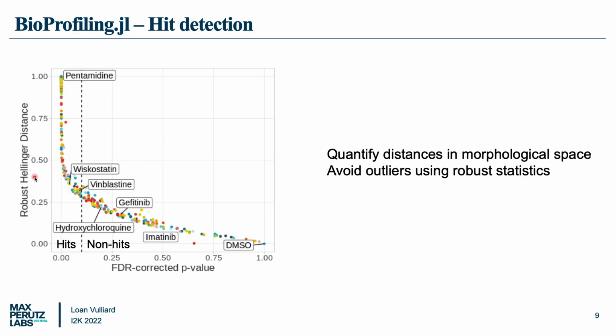And here I'm showing you what happens when we look at the robust Hellinger distance between images for each drug compared to our DMSO images. We find that many compounds, the ones on the left of the dotted line, are inducing significant morphological changes.